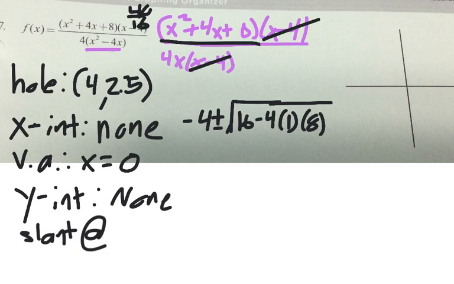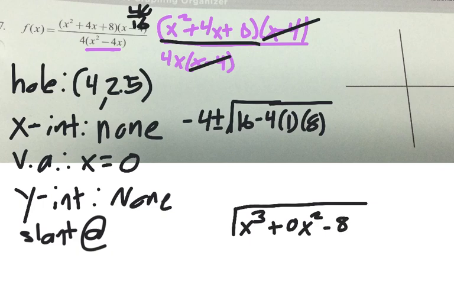So that's easy enough. Now when I do my long division, the numerator goes inside. So I have an x cubed. The next term I need to write is my x squared term. It doesn't exist, so I write 0x squared. Then x to the first is minus 8x, and the constant is minus 32.